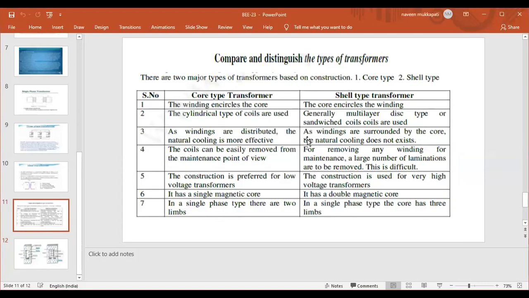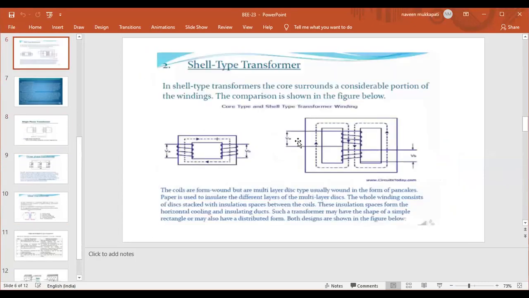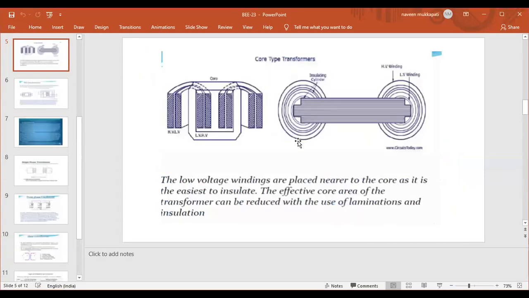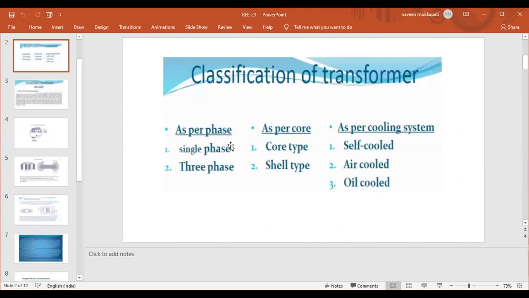These are the various classifications in the case of transformers: single phase, three phase, core type, shell type, self-cooled, air-cooled, oil-cooled, and the ideal transformers.